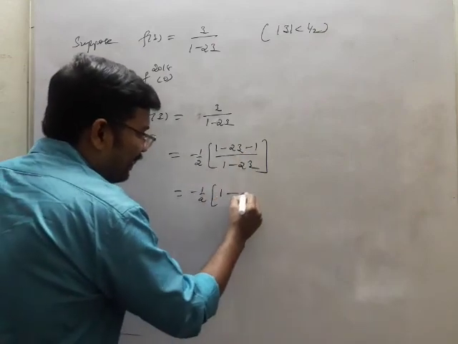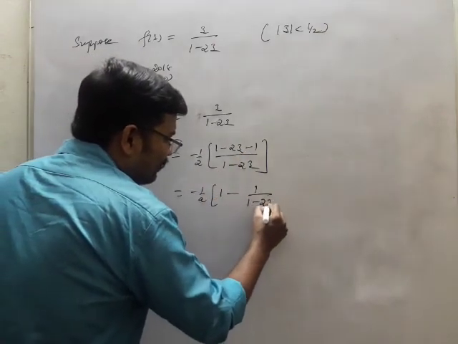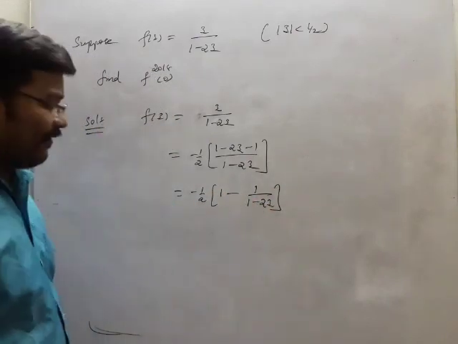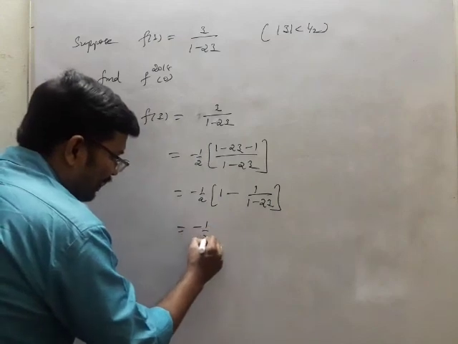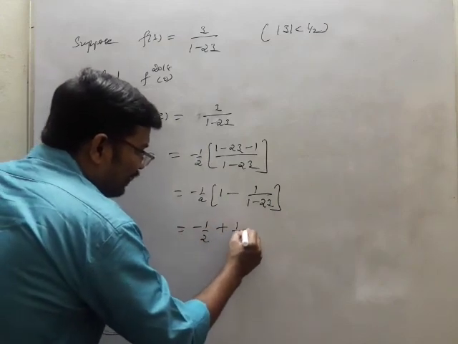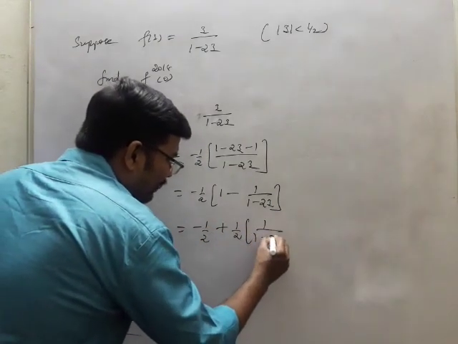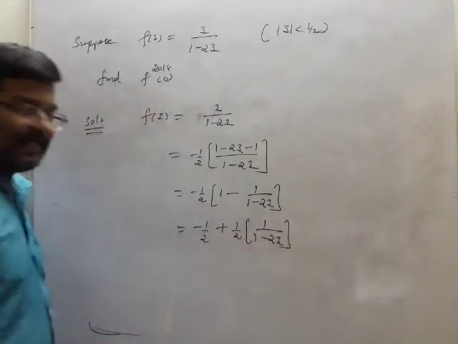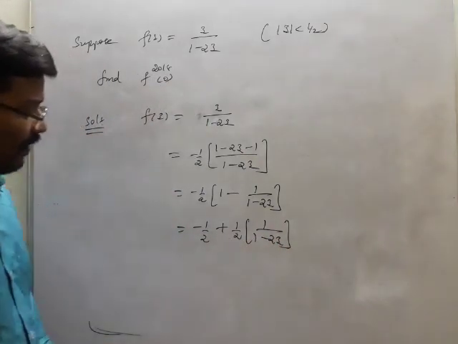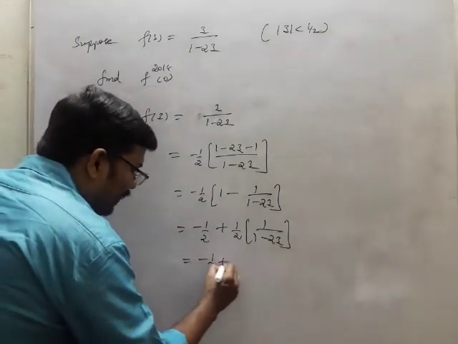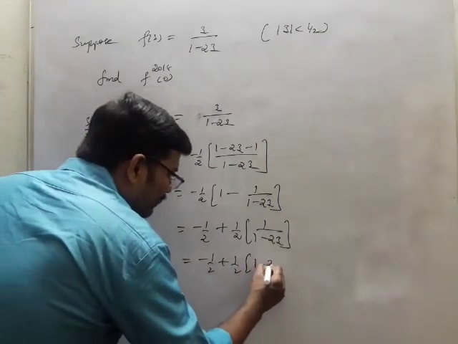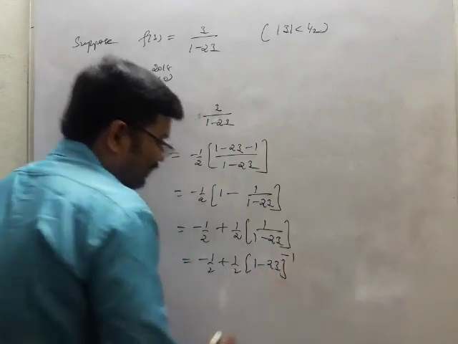So you will be getting 1 minus 1 by 1 minus 2z. Now this is what we have. Multiplying, we get minus 1 by 2 plus 1 by 2 into 1 by 1 minus 2z. So here it is minus 1 by 2 plus 1 by 2 into 1 minus 2z whole power minus 1.